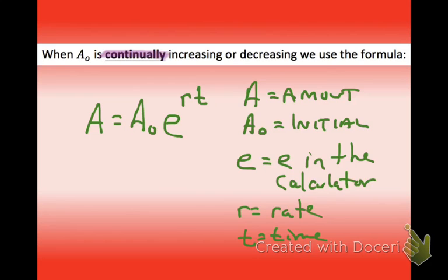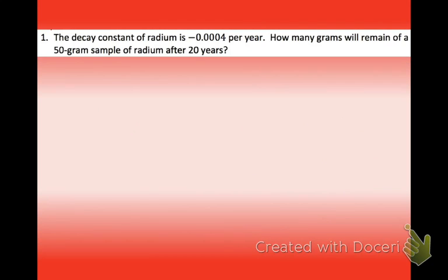So one quick example on this. The decay constant of radium is that crazy decimal, 0.0004 per year. How many grams will remain of a 50-gram sample after 20 years? So our initial amount, A sub 0, is going to be 50 grams.